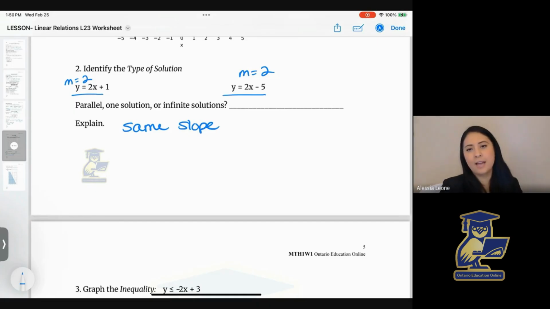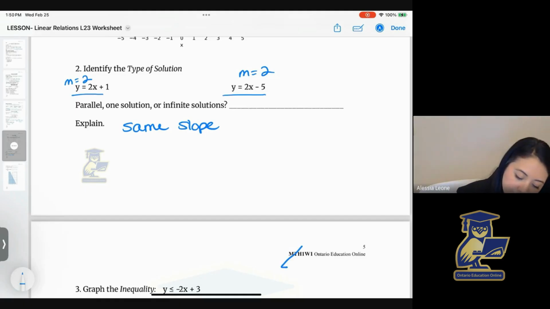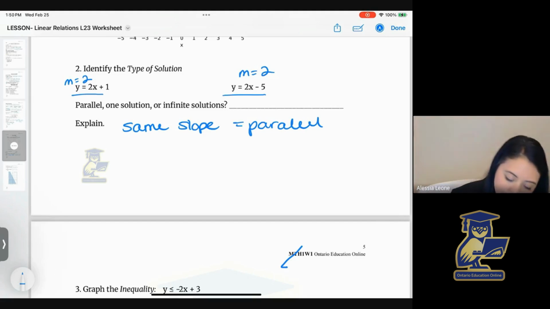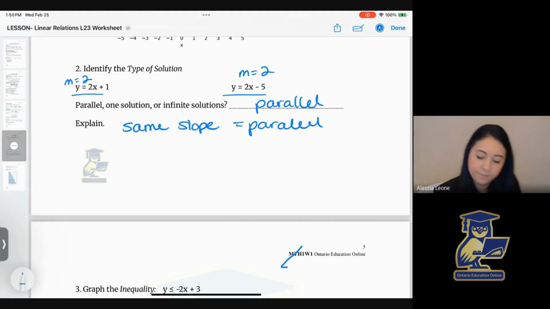If two lines have the same slope, that means they are parallel. They're going in the same direction. So that is what we can notice and identify the type of solution in that way.